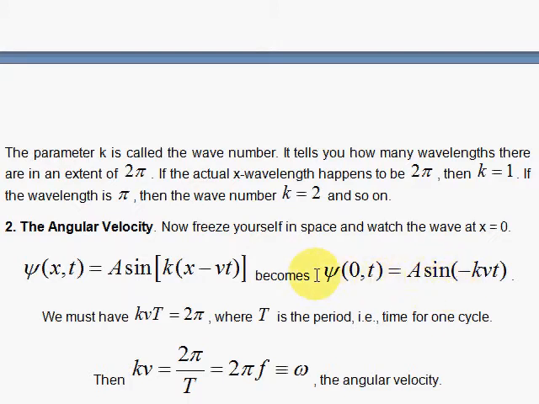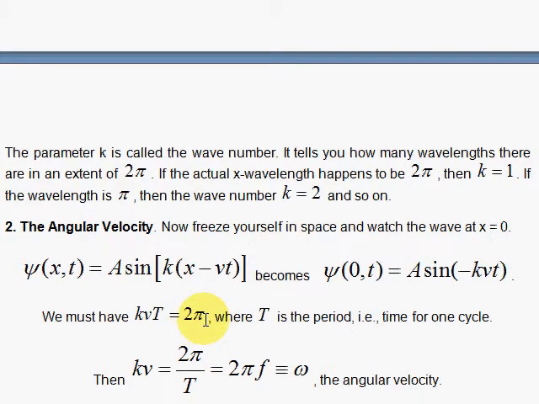So when we look at that, by waiting the period, capital T, that corresponds to one cycle in time, then kv times capital T must be 2 pi.